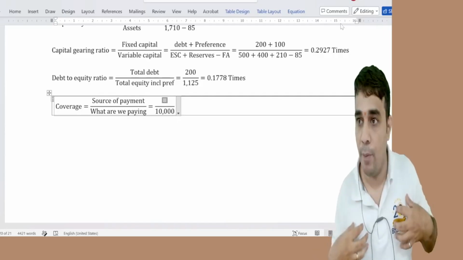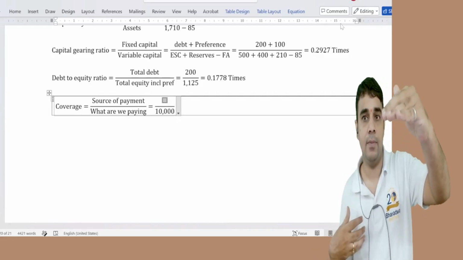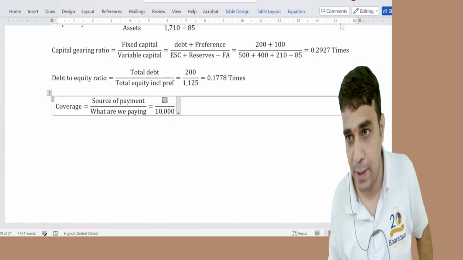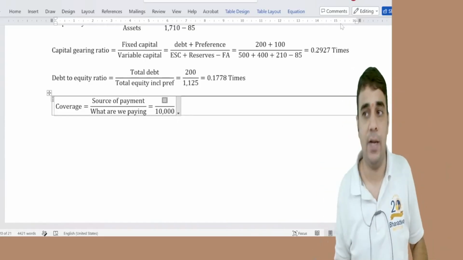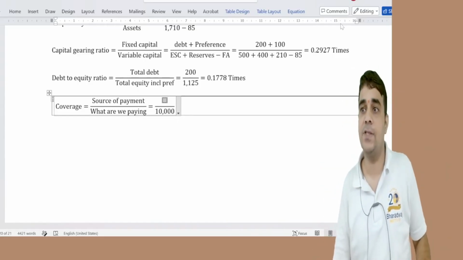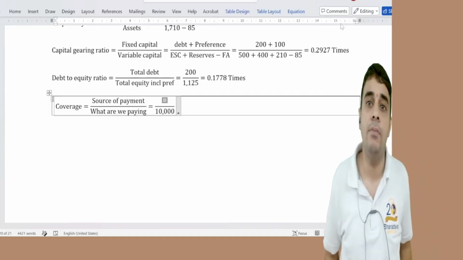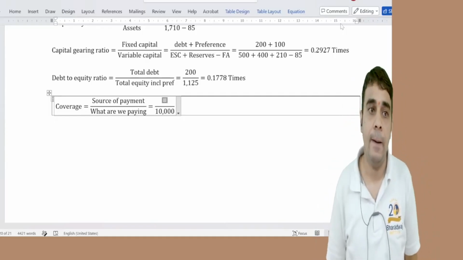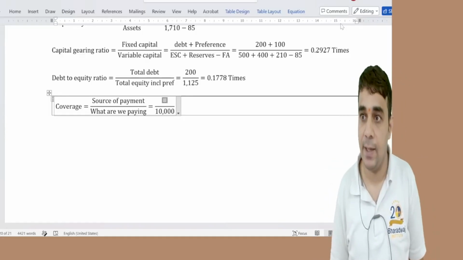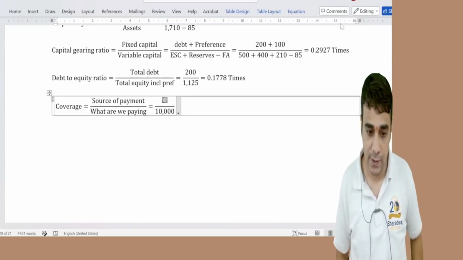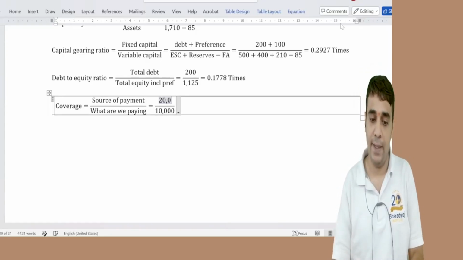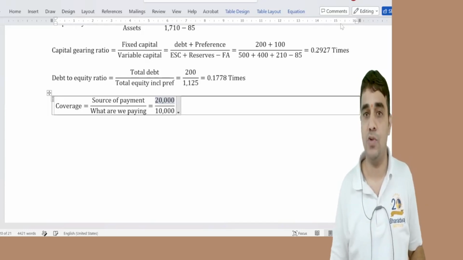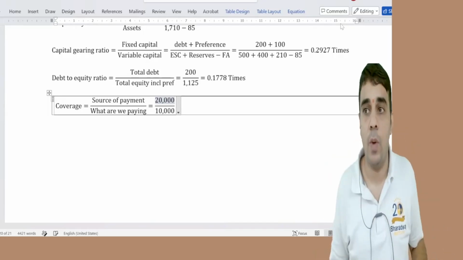For me, my income divided by my expense is my expense coverage ratio. For example, my income is 20,000, expenses 10,000. 2 times I am covered.